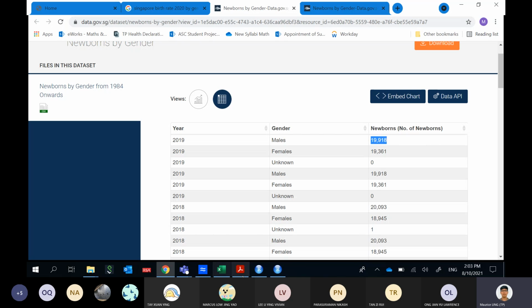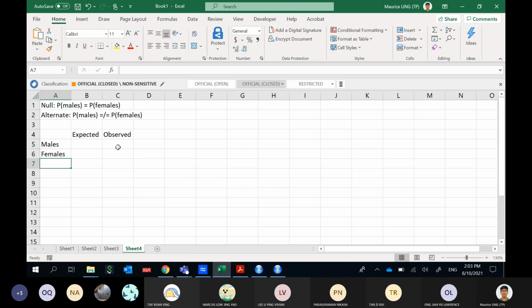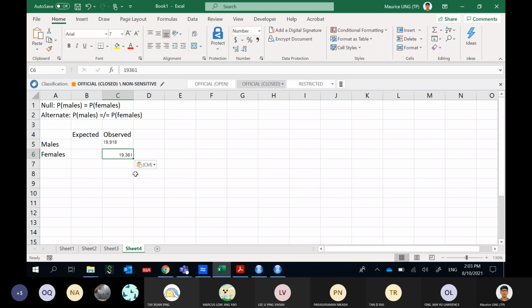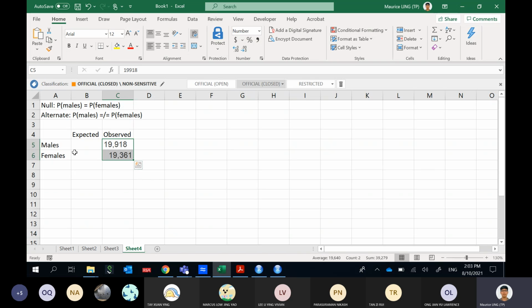So let's dump in the males, and dump in the female numbers. Okay, so these two numbers are okay. So what is the expected now?